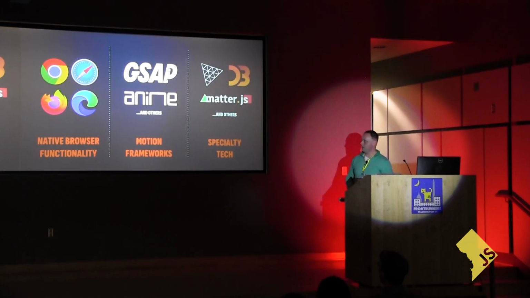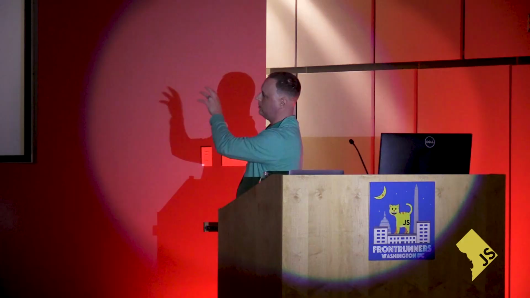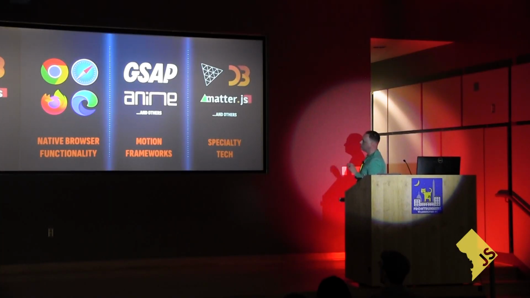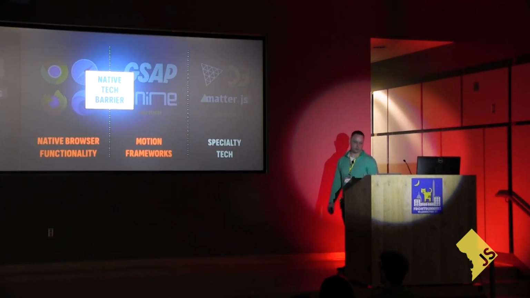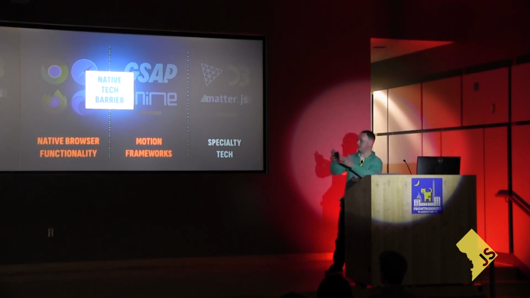And I think with technology barriers, we've said, there's three kind of basic general areas with two barriers that we can look at. So our first barrier is what's possible with native browser functionality. A lot of what we've talked about today, what Killian and Alex were talking about, this is a growing area.